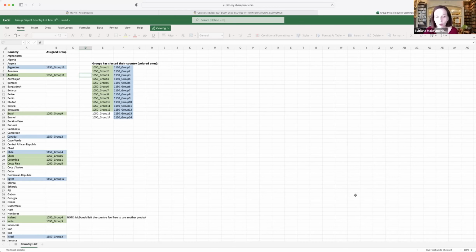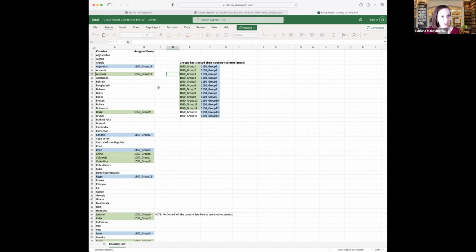So throughout the semester, or actually throughout several semesters, we realized that probably the best strategy would be to give students an opportunity to select the country of their choice. So what I did is I created a sign-up sheet that allows them to see the list of countries that they can select as their group, and then as part of the selection indicate their willingness to work on or to study the particular country and apply all the theories that we cover in the course to a particular country.